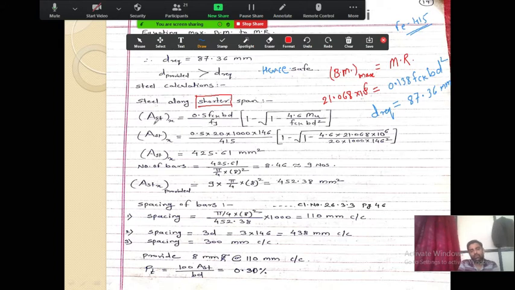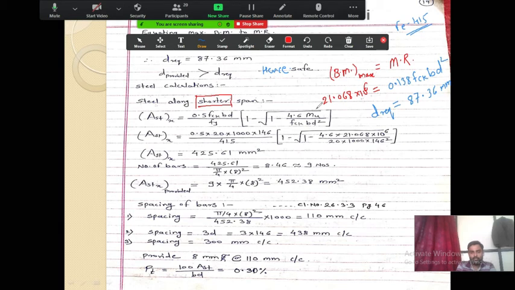To calculate the steel along the shorter span, the notation is Ast x, area of steel in the x direction. The area of steel in the x direction is 0.5 fck b d upon fy, into bracket 1 minus under root 1 minus 4.6 Mu upon fck b d square.